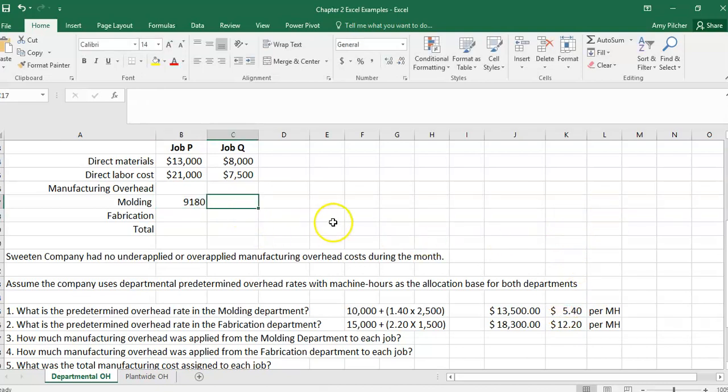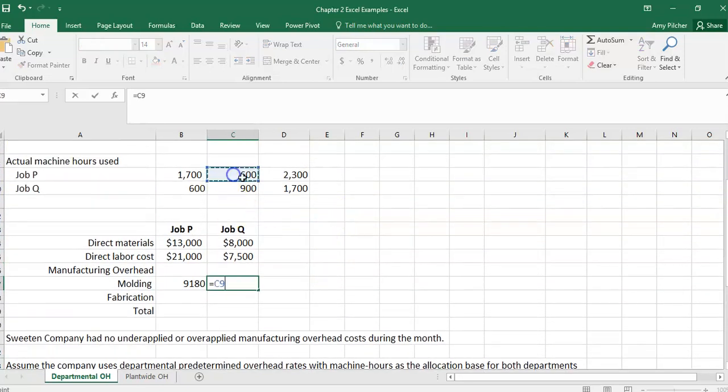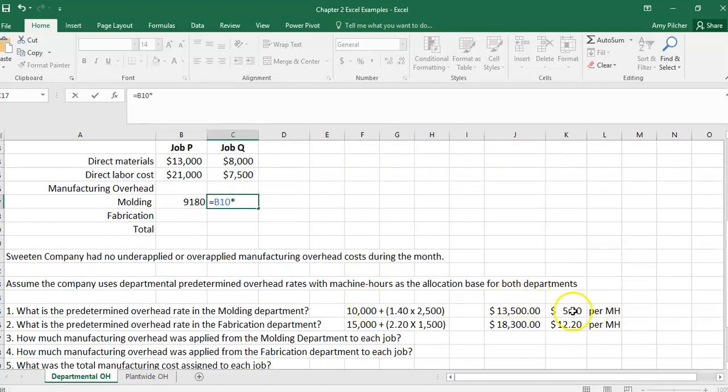And for job Q, we will take 600 hours times our rate of $5.40 per hour.